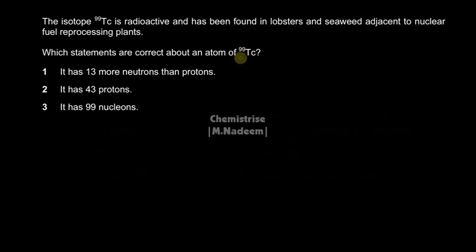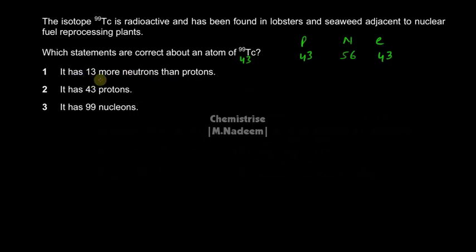If you look in the periodic table, you'll find that it contains 43 protons. So protons are 43, neutrons are 99 minus 43, which is 56, and electrons are equal to the protons, that is 43.